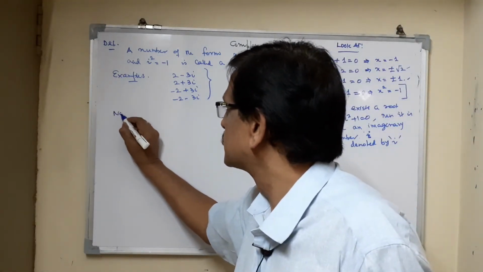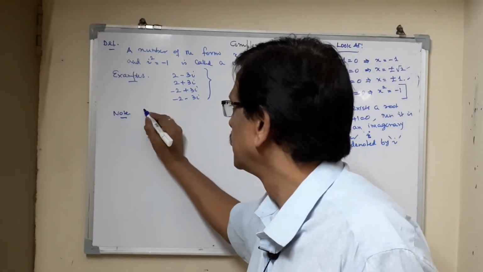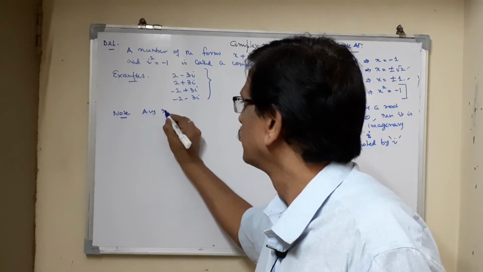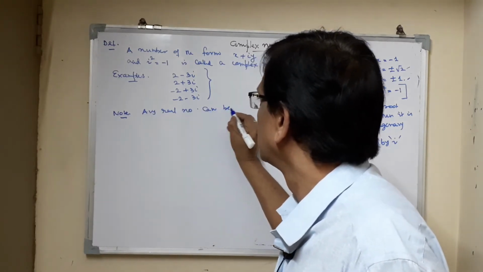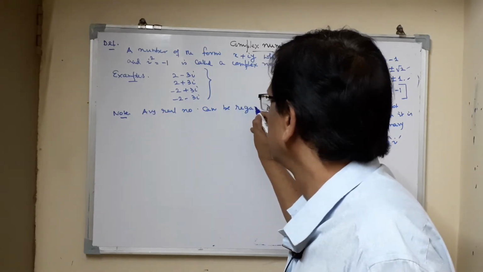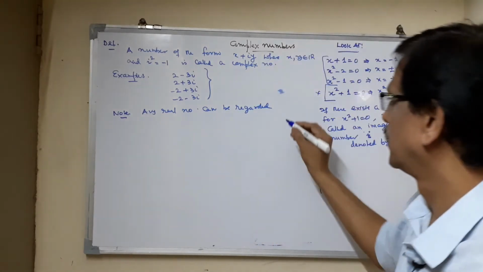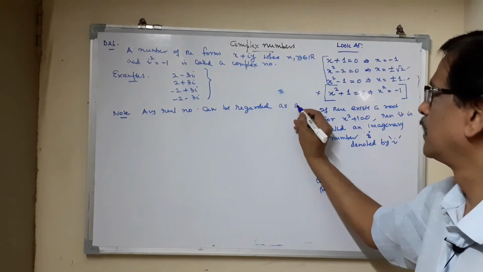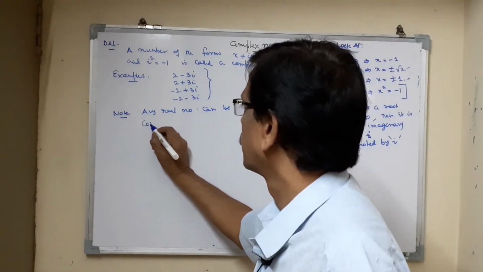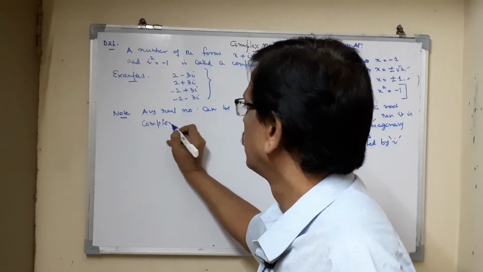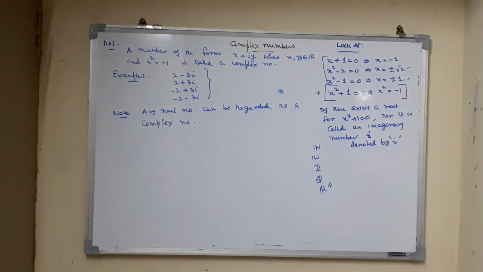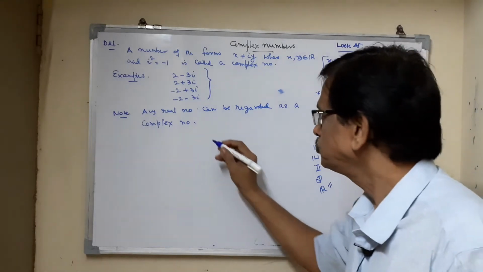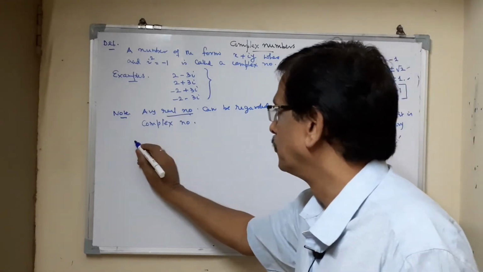Now, if you see this, I want to make a note. Any real number can be regarded or viewed as a complex number. How?